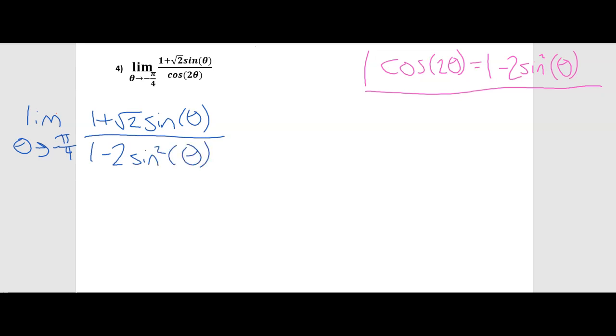Now, just like our previous problem, numerator and denominator look similar, but not quite the same to where we can simplify out any common factors. However, if we take a look at our denominator, it is the difference of two squares. So we could factor our denominator.